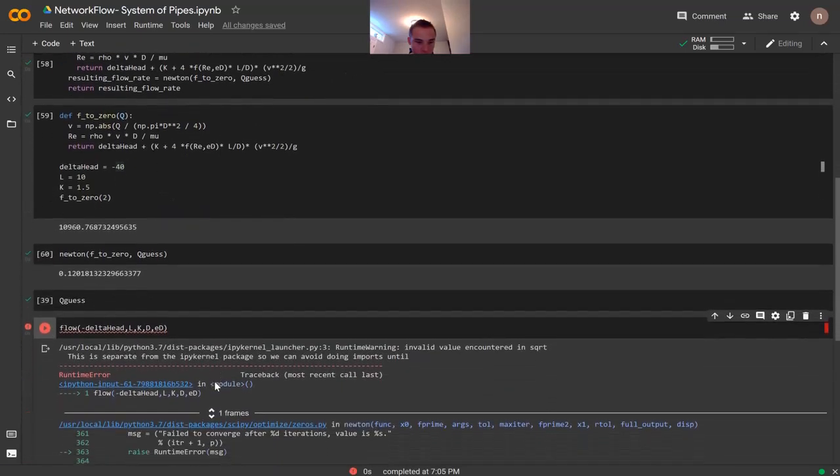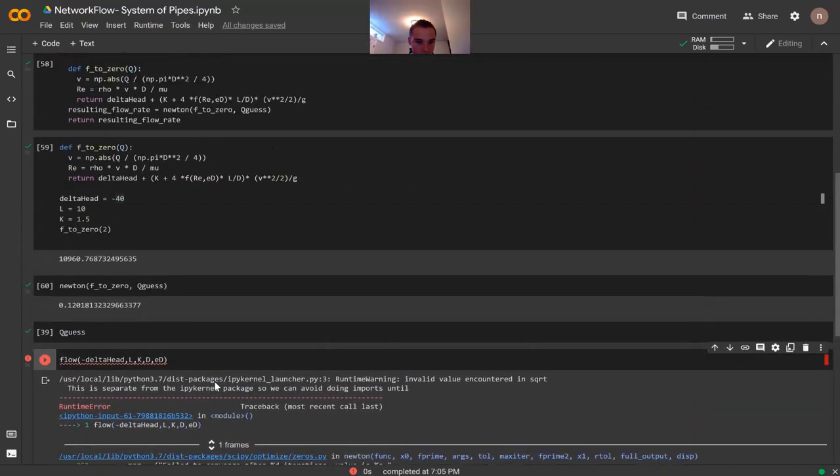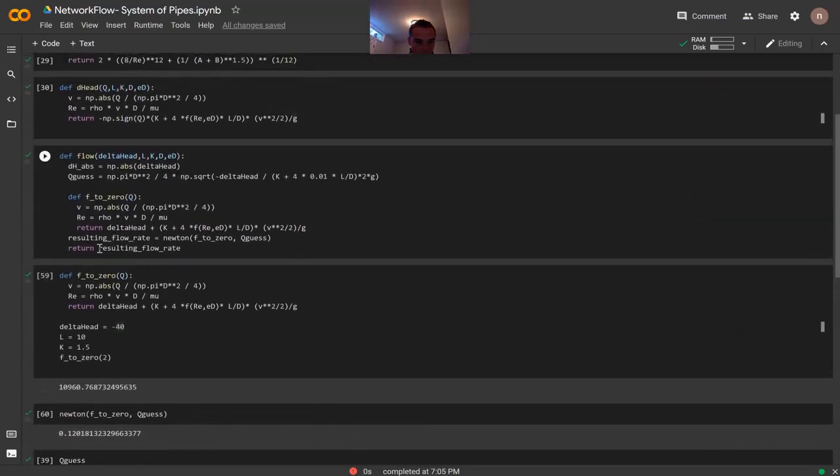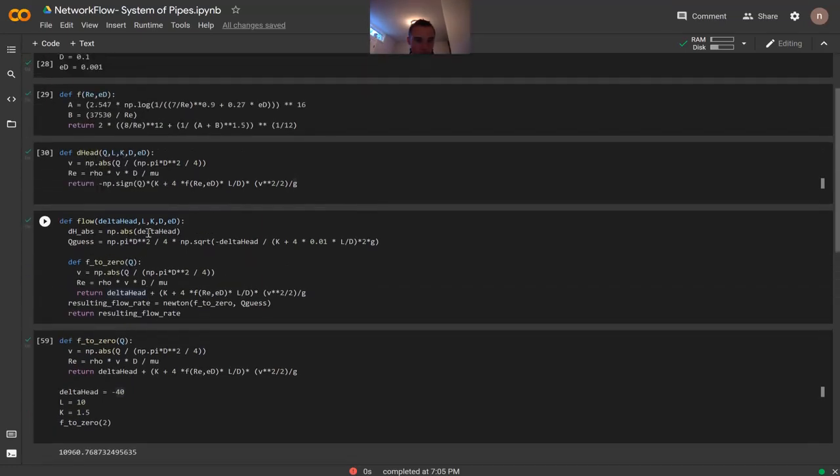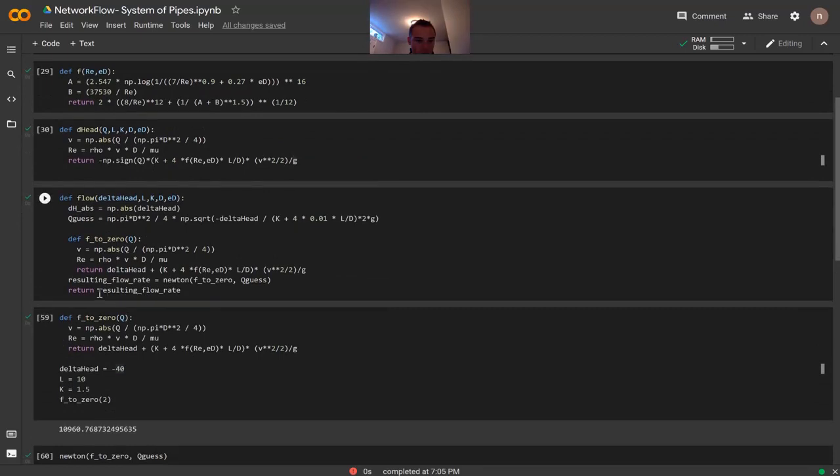Okay, so it seems that it's not fixing our issue yet. Okay, yes, so since it's always going to make a positive delta head up here, we also need to do what we did up here in our d head function, and we need to multiply our resulting flow rate back by the sign of our delta head to readjust for the directionality.